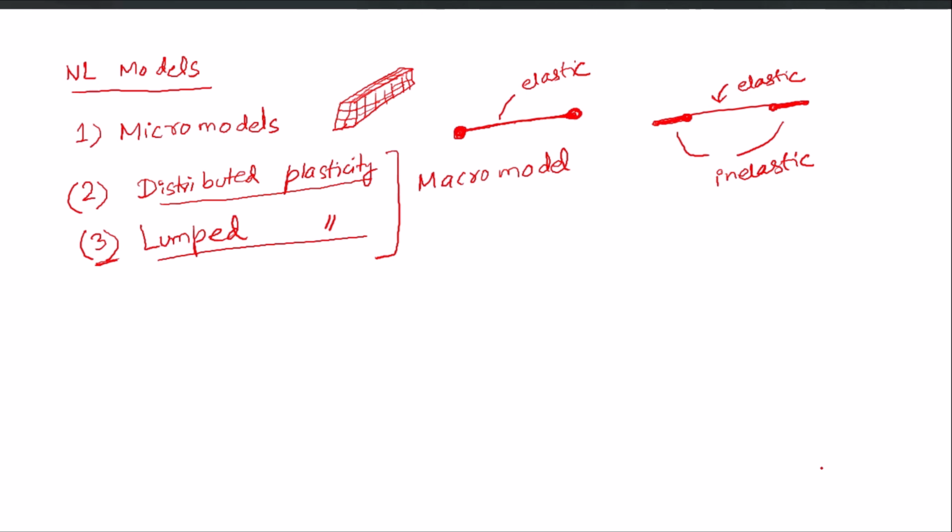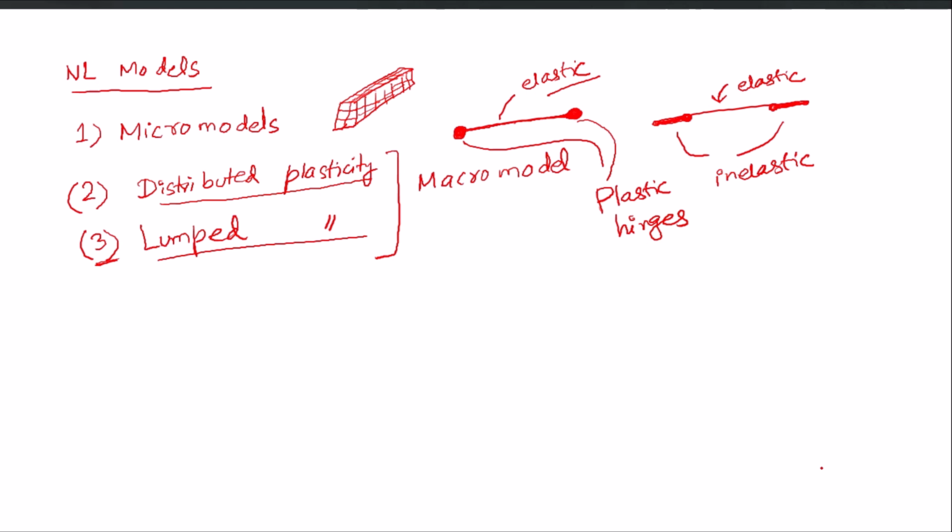But in the concentrated plasticity or lumped plasticity option, the inelastic action is only defined at certain points, so they are kind of zero length inelastic components. So these are sometimes also referred to as plastic hinges. The plastic hinges are the points or components in which the inelastic action of an element is defined, but between two plastic hinges the element is assumed to remain elastic.